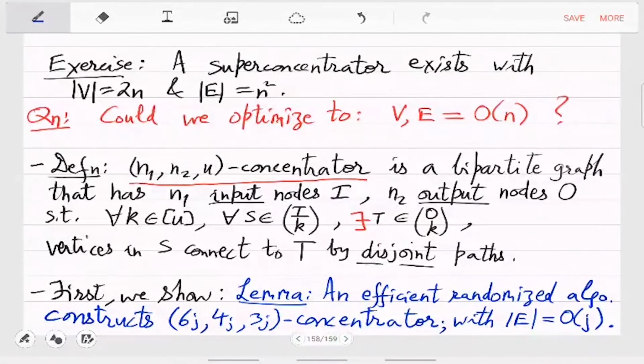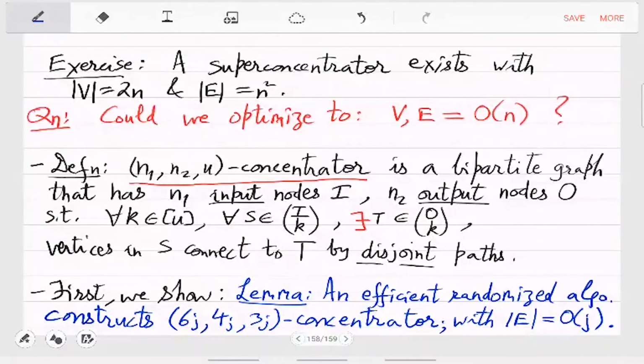So, this I union O, the vertices, is only 10j, and the number of edges will also be some constant times j. This is really what we want for super concentrators, but this here is a first algorithm to actually construct concentrators. Then we'll use that to construct a superconcentrator. So not only do concentrators exist, we'll actually optimally find them.